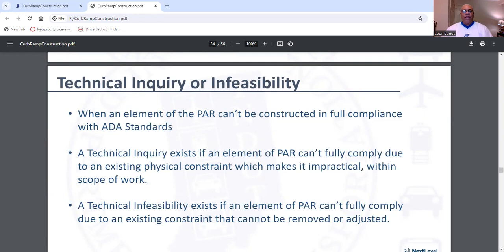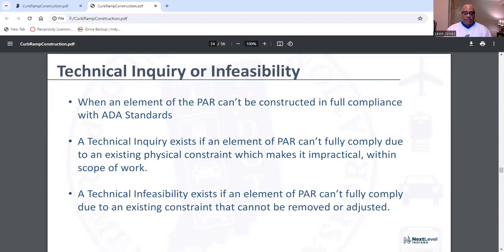A technical infeasibility exists if an element of PAR can't fully comply due to an existing constraint that cannot be removed or adjusted. What I'm talking about right there, I just showed it to you. That's the technical infeasibility form that must be filled out if a ramp can't comply to standards and specifications.